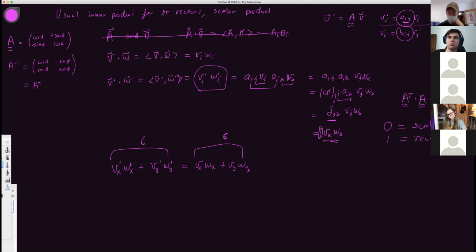Now, there are things that have like 2 transformation matrices and 3, etc. These are all different rank tensors. This is second rank and third rank. And in fact, a vector is actually a first rank tensor. And this is 0th rank tensor.